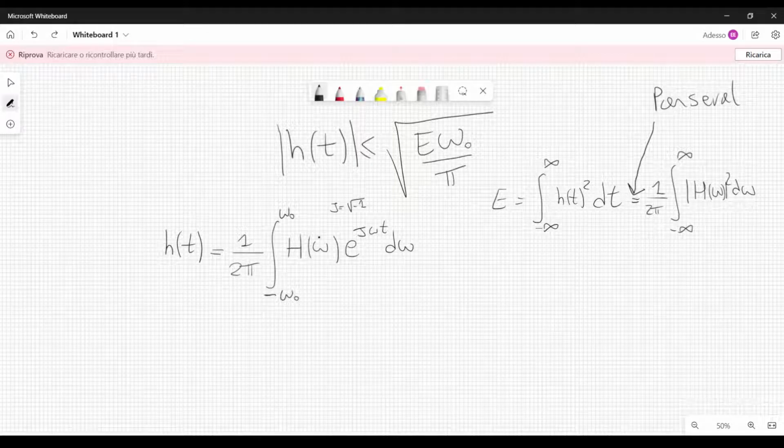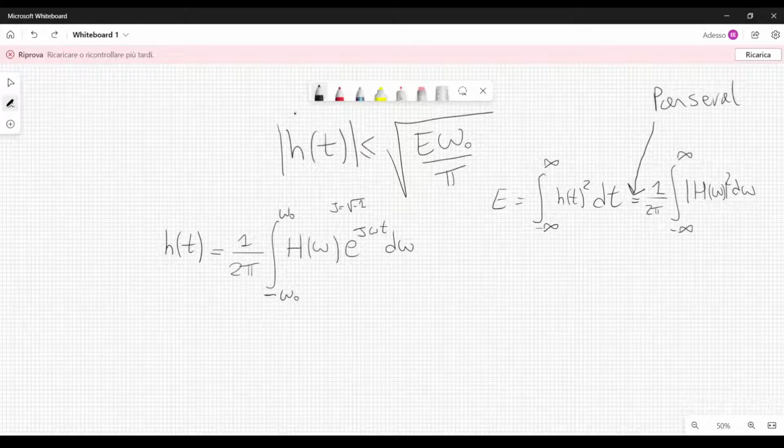So if we consider the magnitude of H of omega, we can simply reason from 0 to omega naught, because it will be symmetric from minus omega naught to 0. It's due to the properties of these complex functions when we talk about Fourier transforms. But I will not get into those details here. We will take it as a given, and then we can obtain this relation here.